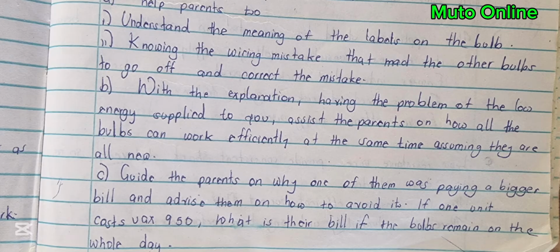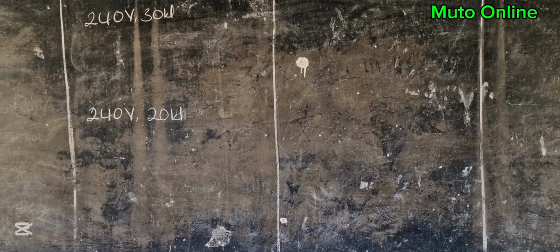Then guide the parents on why one of them was paying a bigger bill, and advise them on how to avoid it if one unit costs 950 shillings. Then estimate the total bill if the bulbs remain on the whole day.